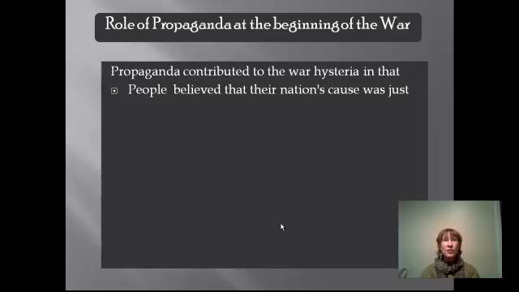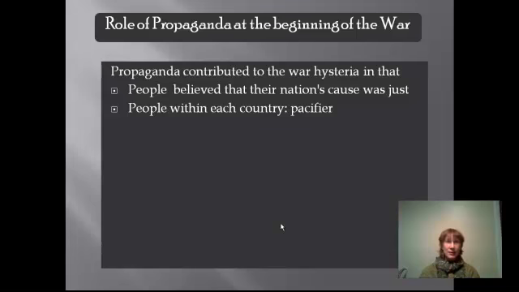So we are justified for going to war. And we receive from the government all the reasons why the war is just. And we believe it. The majority of people believe it. And the small minority who doesn't believe it is seen as anti-patriot, whatever that country is.